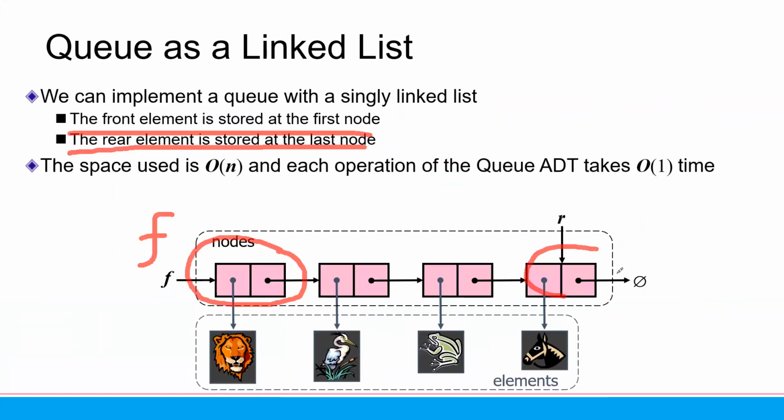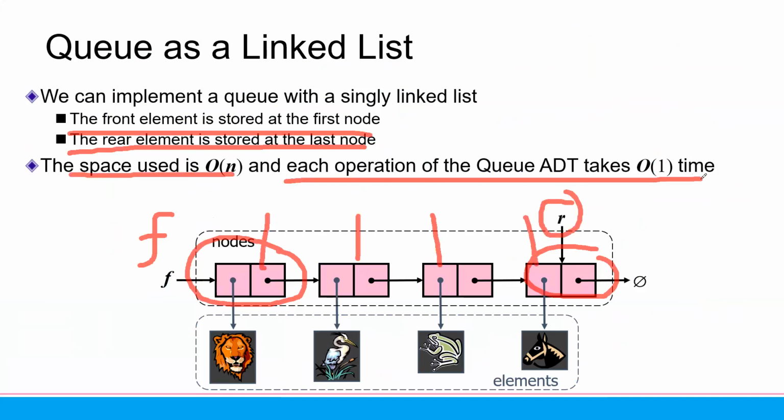If it is the tail, it will be the rear. And the space is O(n) because it depends on the number of elements. And then if we want to do the operation insertion and deletion, it will take O(1), like you learned on the queue.